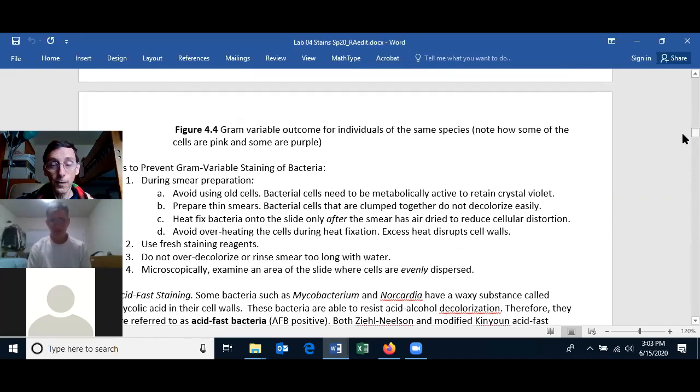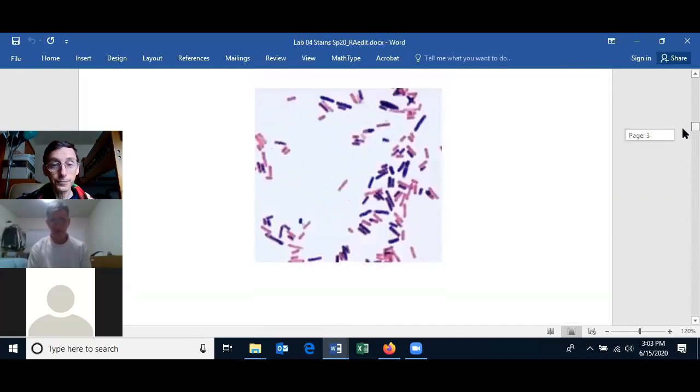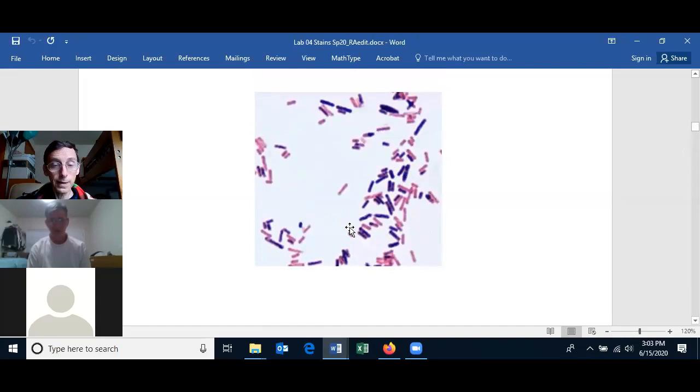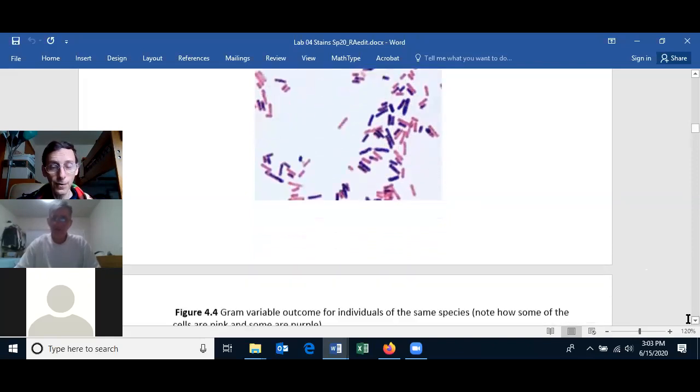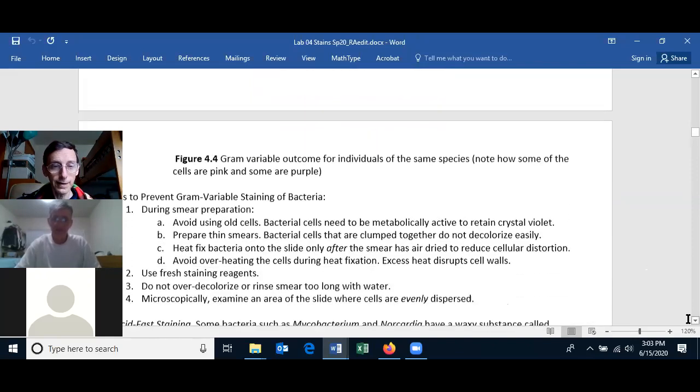If you over decolorize, the gram positive crystal violet will be washed out. Usually, one part of the slide will be staining gram negative and one part gram positive, and that's from over decolorization or maybe under decolorization.